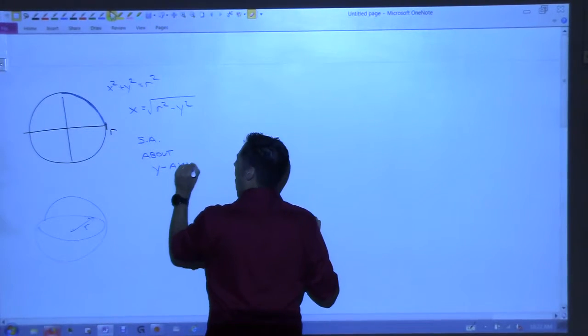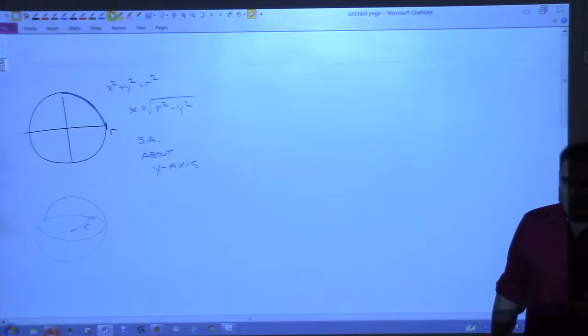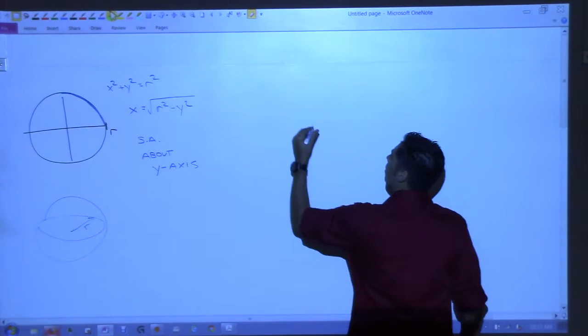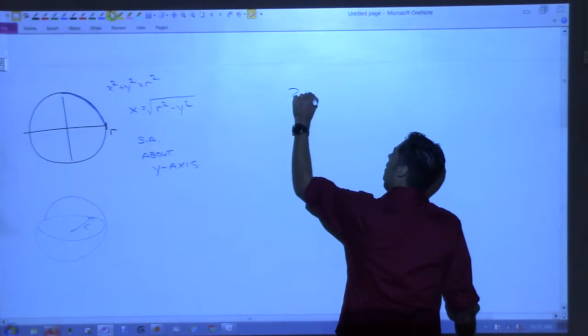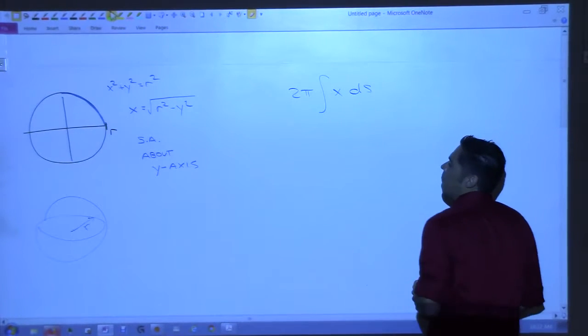And the reason I'm doing y-axis and not x-axis is because I've only shown you one example of going around the y-axis. So now here's your second example of going around the y-axis. Okay? So what formula must I use if I'm going to go around the y-axis? 2 pi integral x ds. All right.